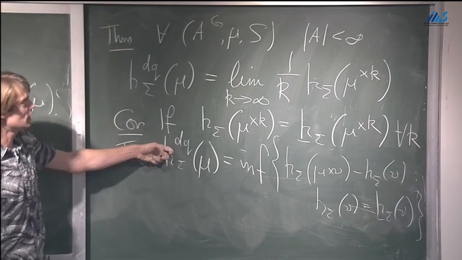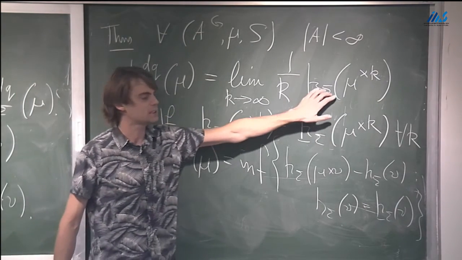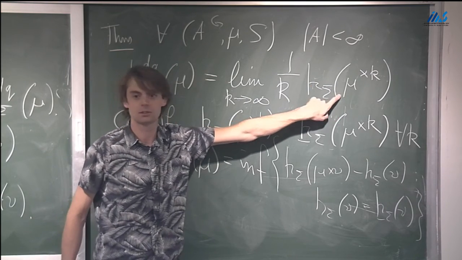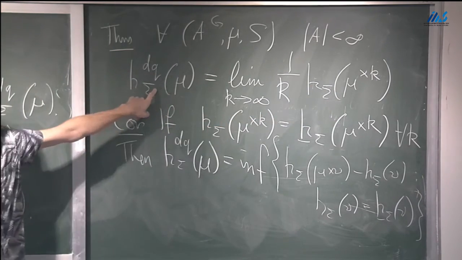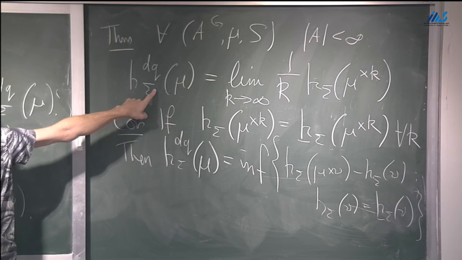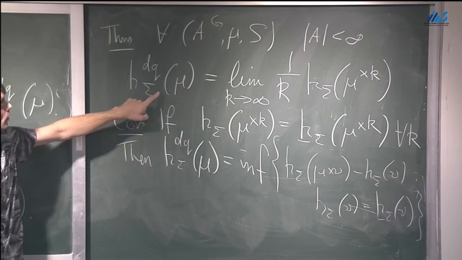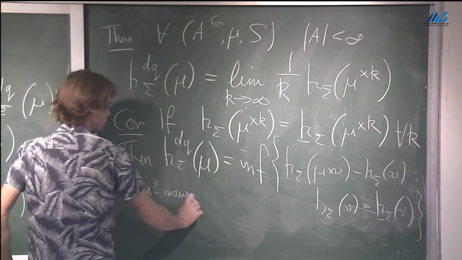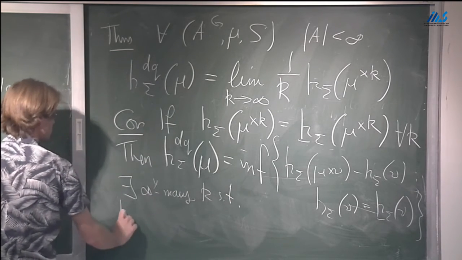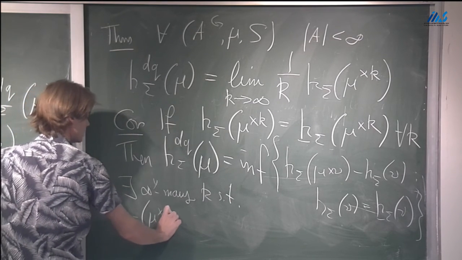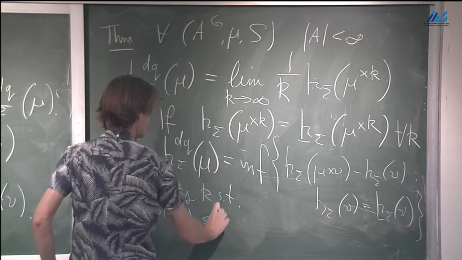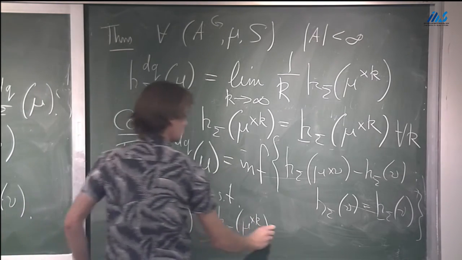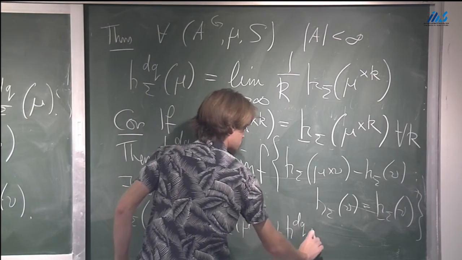So very quickly, why does this imply this? Well, if that's the growth rate of the sequence, then for any epsilon, it happens infinitely often that that number doesn't grow by more than this plus epsilon. So there are infinitely many k such that H of mu to the k plus 1 is not more than H of mu to the k plus H dq plus epsilon.